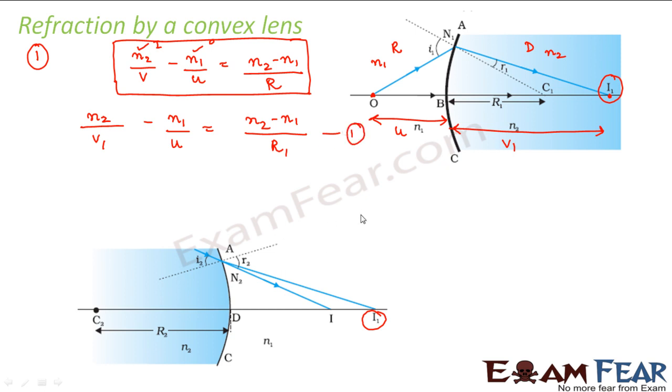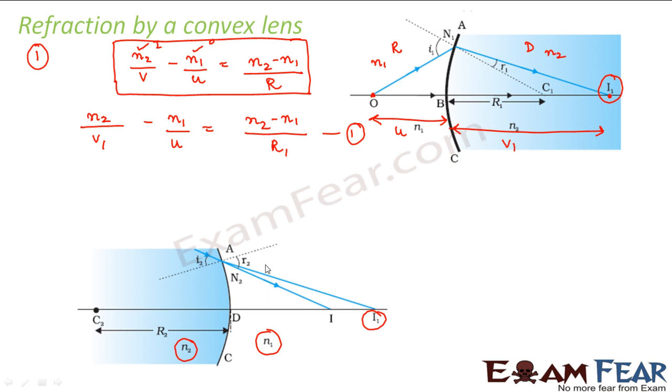Now let us consider the second scenario. Here also we will make use of this expression. The object is on this side where the refractive index is N1 here, and the refractive index on this side is N2. This I1 acts as an object for this surface.